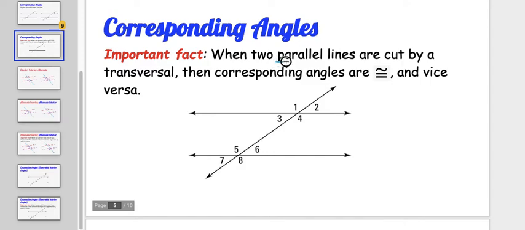When 2 parallel lines are cut by a transversal, corresponding angles will always be congruent. Which means, for example, if angle 1 is 120 degrees, and based on the discussion we just had, angle 1 and angle 5 are corresponding angles, then angle 5 will be 120 degrees.